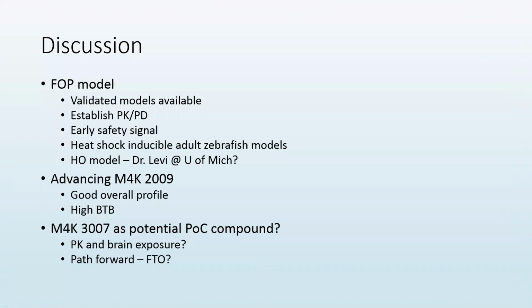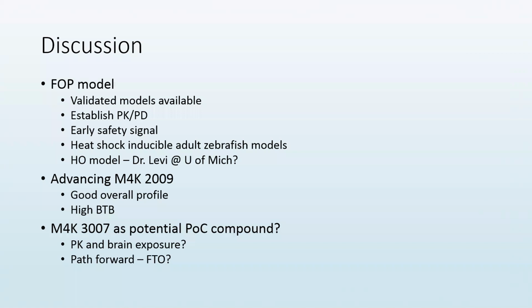I know that there are several validated models out there that do work in the presence of compound. Michael Franti from BI, when he presented their FOP project, highlighted a couple of these models, and I know Alex is involved in an FOP project, so there are, I think, some good models out there available that will allow us to establish the PK/PD, maybe get an early read on a safety signal.